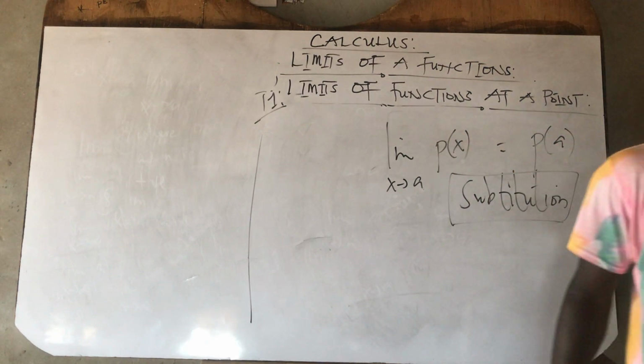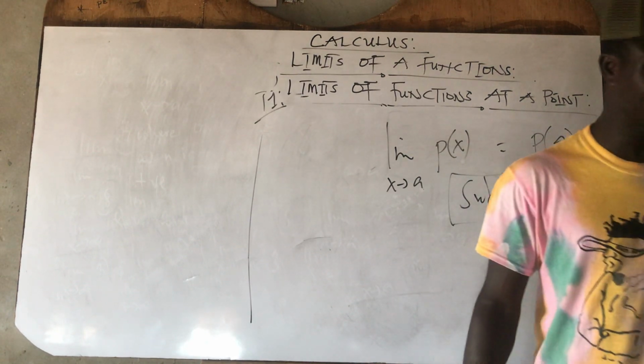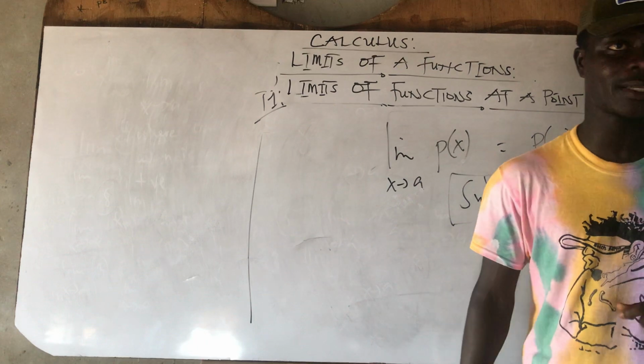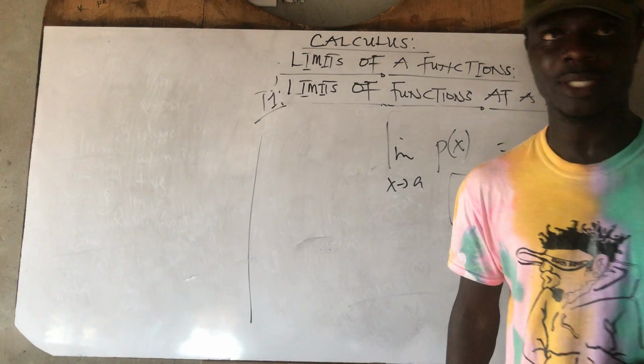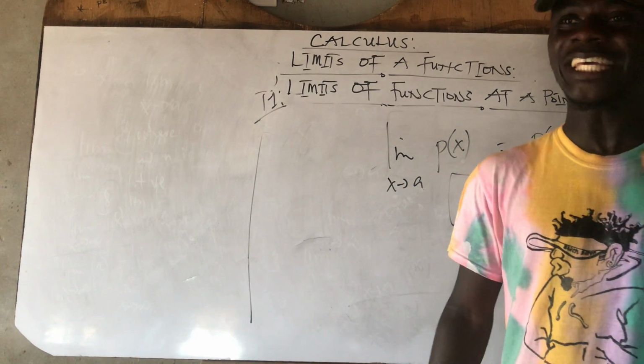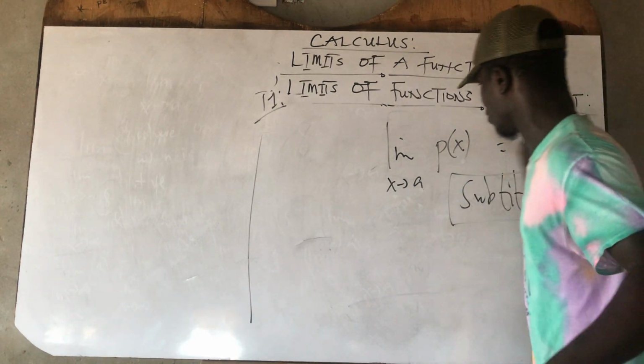Then again, note that let p of x and k of x be polynomials and let a be a real number. Suppose that k of a is not equal to 0.